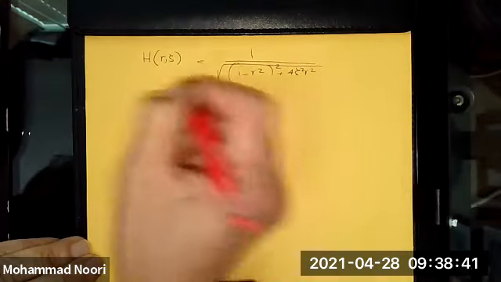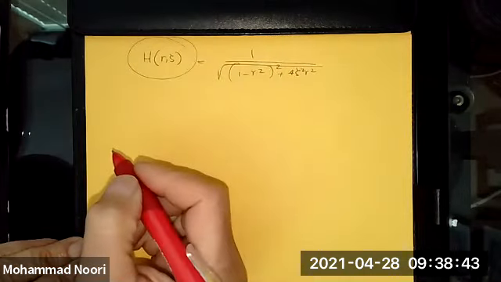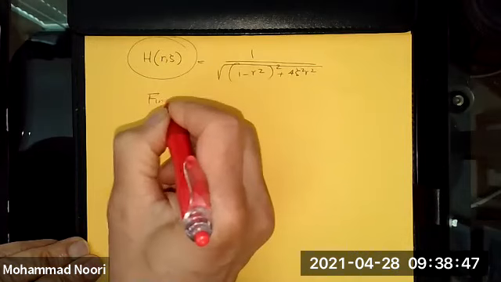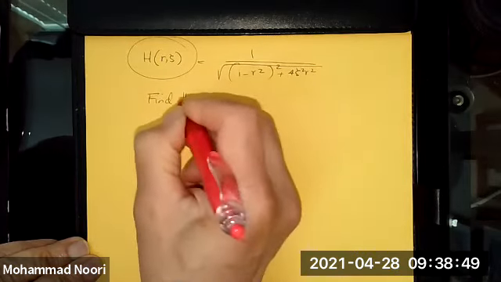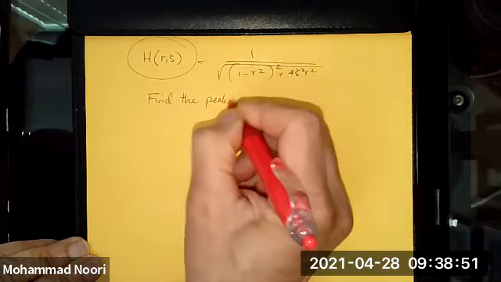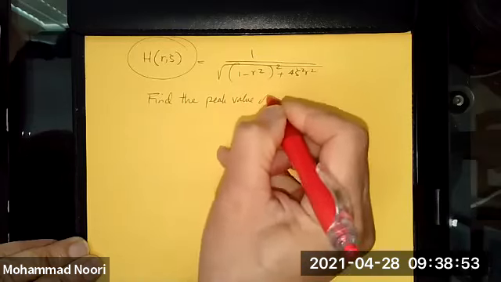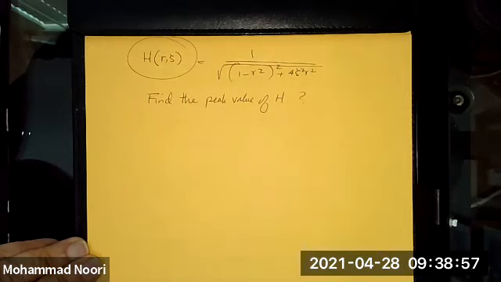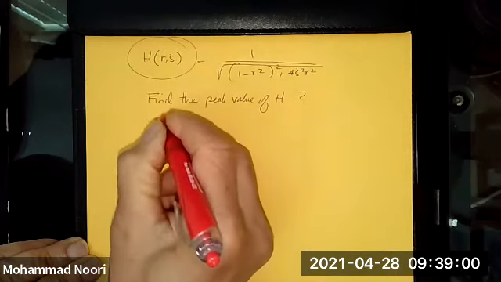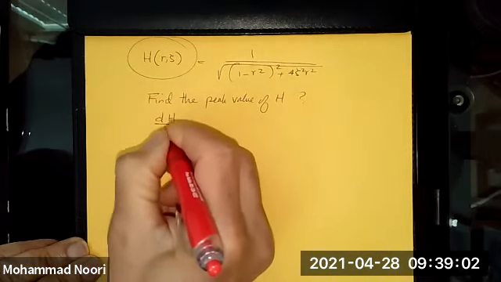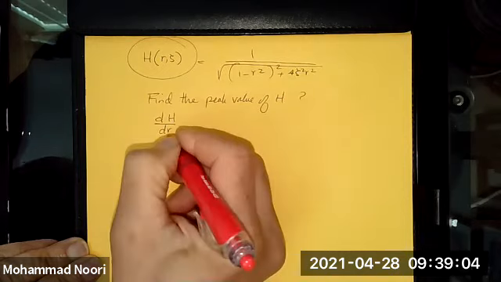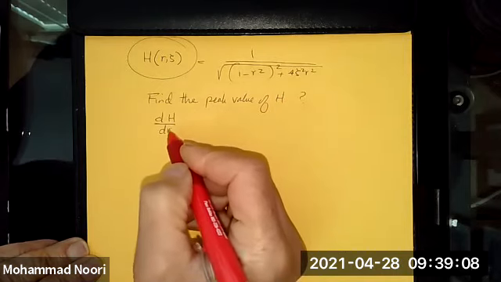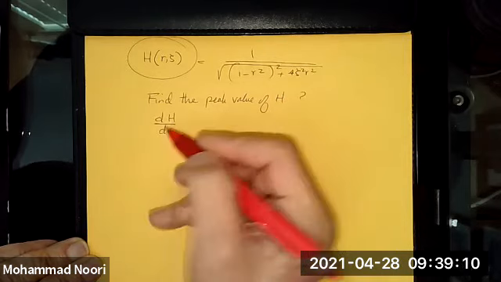How do you prove those? In order to find the peak value of H, how do you do that? You need to take the derivative of this with respect to the variable R, because we want to show what happens as damping increases.